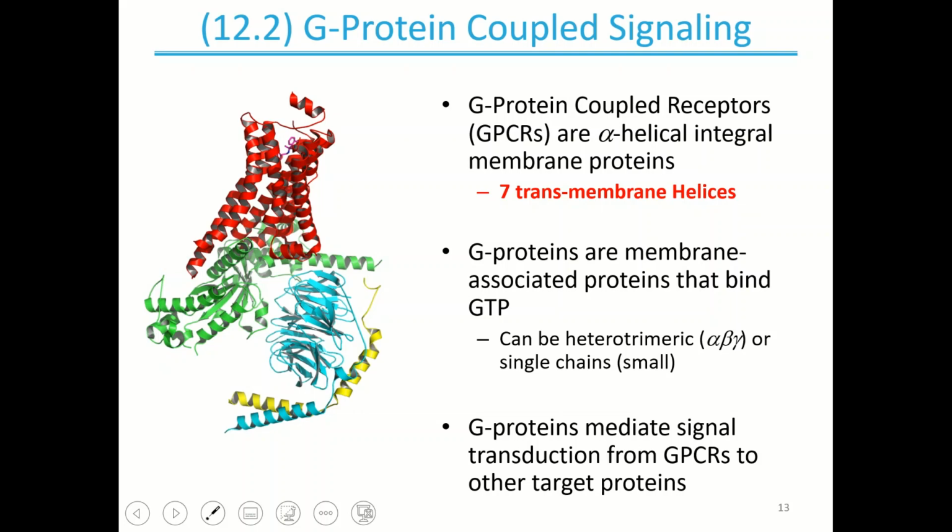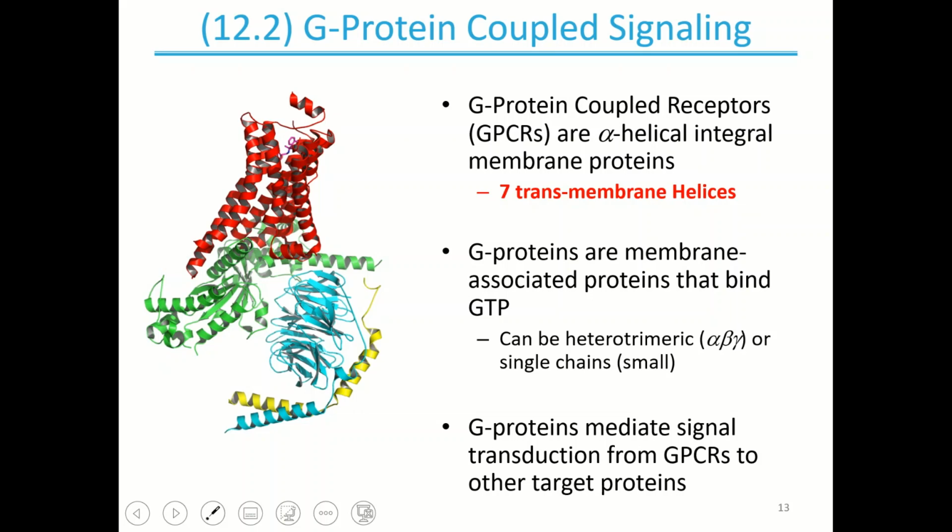The reason they're called G proteins is that they bind GTP, and that's very important for their activity, which we'll mention shortly. The G proteins mediate this signal transduction from the receptor to other target proteins.